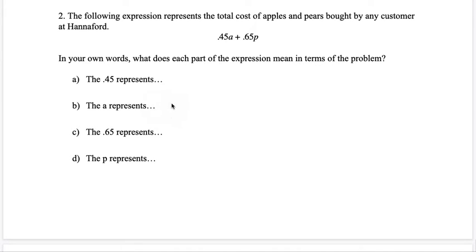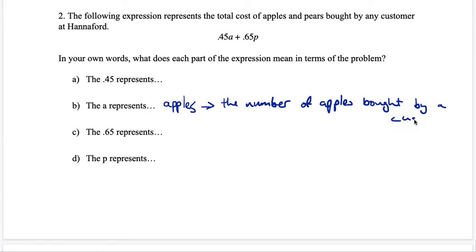So we're going to say the A represents apples, and specifically it represents the number of apples purchased by a customer. And the P is the number of pears bought by a customer.